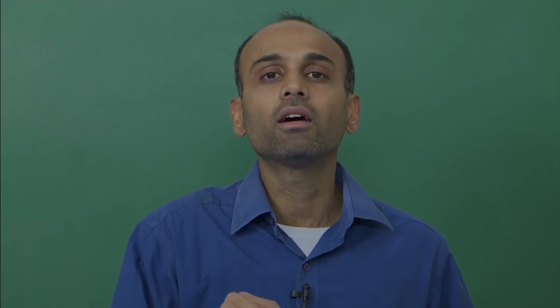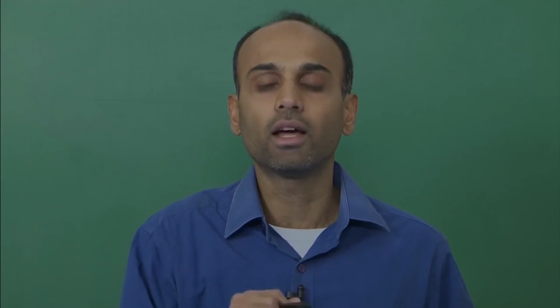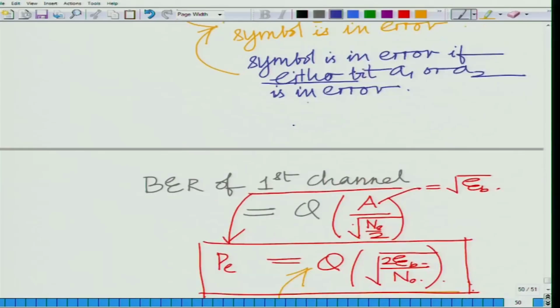If A2 is in error, the symbol is in error. If A1 and A2 both are in error, then of course the symbol is in error. So the symbol in error corresponds to the union of these 3 events: A1 in error and A2 correct, A2 in error and A1 correct, and A1 and A2 both in error. That is the point.